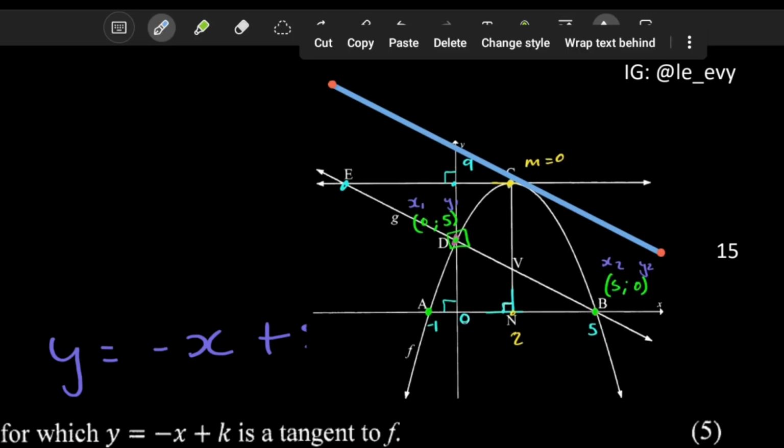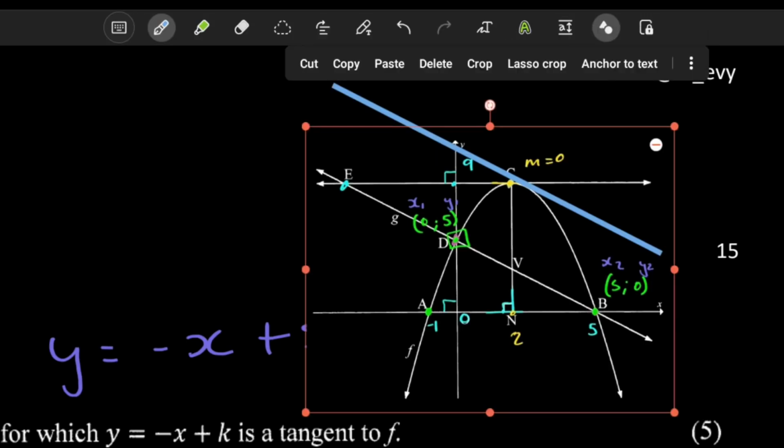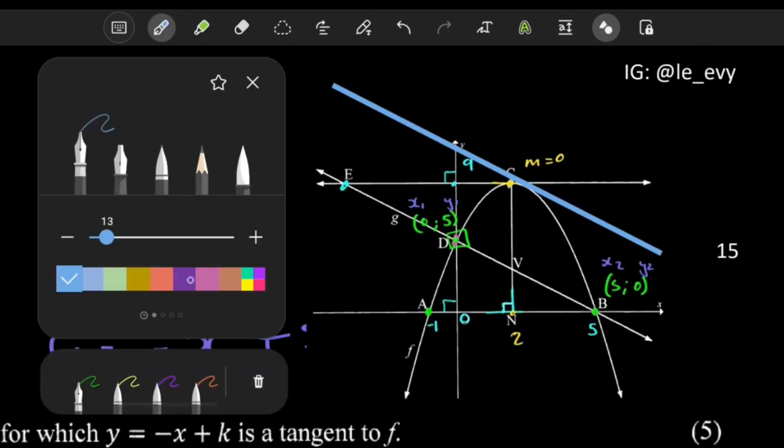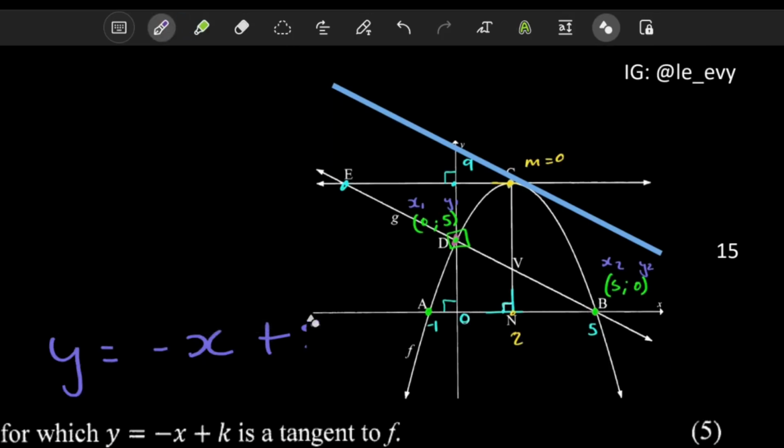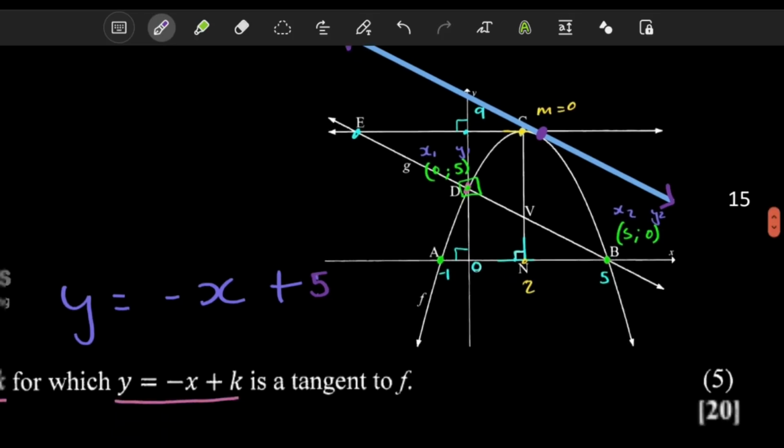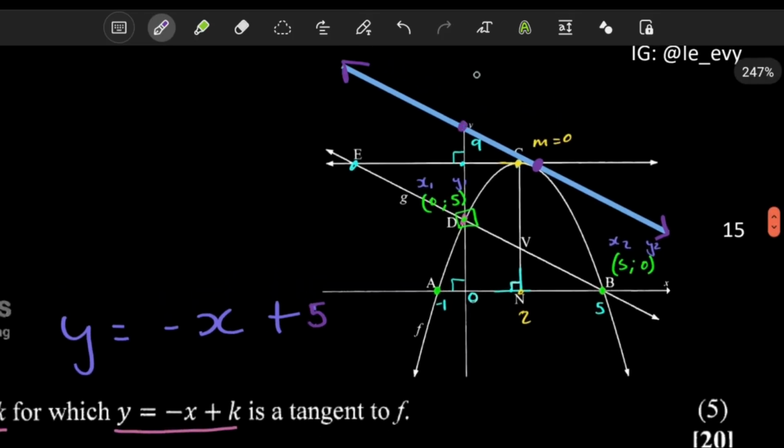So for this straight line graph to be touching our curve only once, it is at a specific point where the gradient of the curve will be the same as the gradient of this tangent, or this straight line. Let me repeat. For us to have this scenario, this here is going to represent a specific value of k.